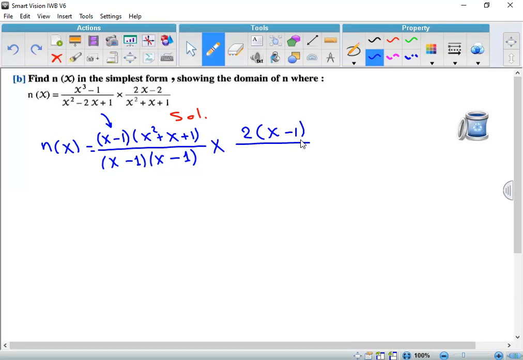And you note that in the numerator, x power 2 plus x plus 1. After we make these steps, the first step, we will write the domain before simplification.